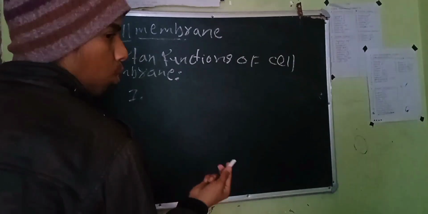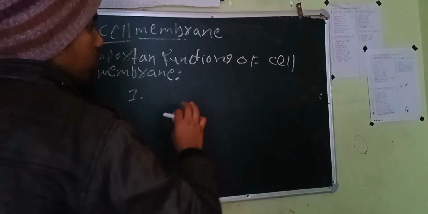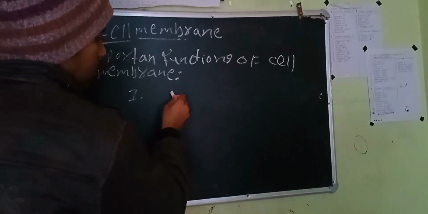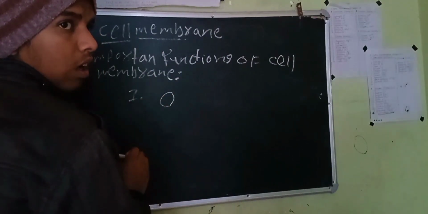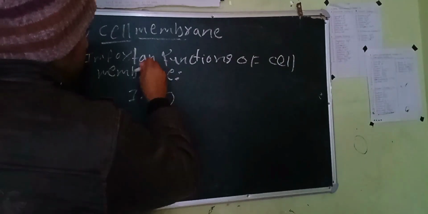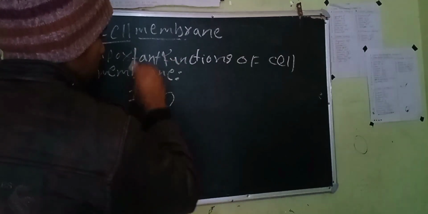Like you already know, in many organisms there are millions of cells, right? And you can't say that they are one cell because there are millions of cells. Okay, the spelling is wrong. Sorry for that.